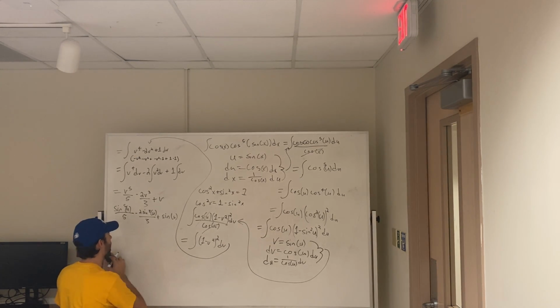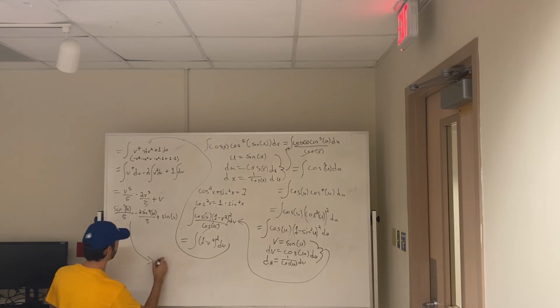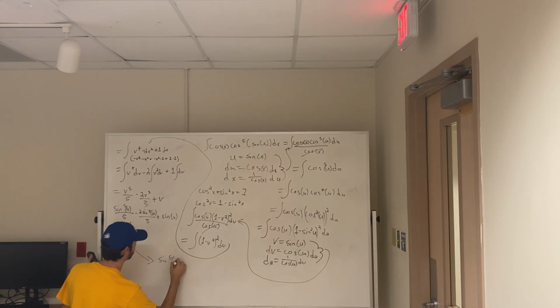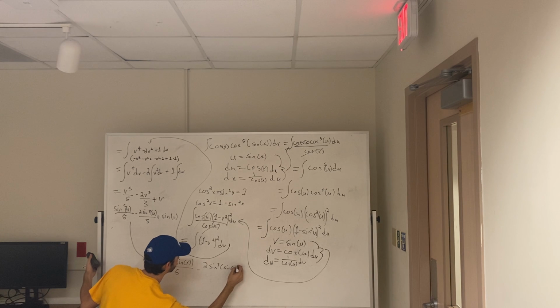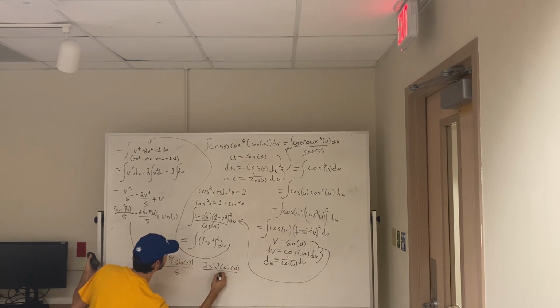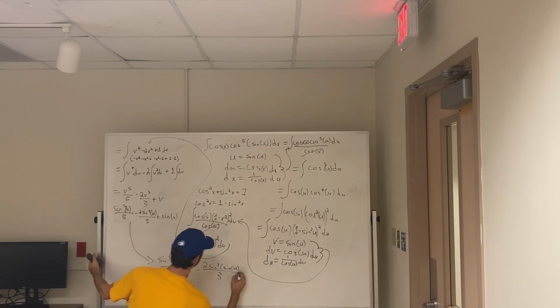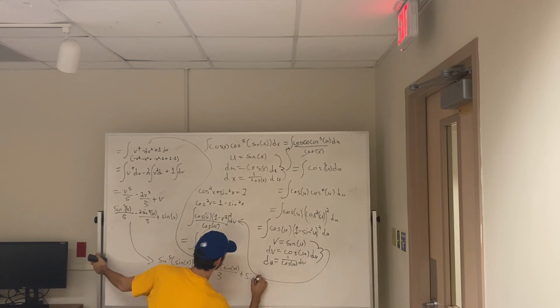Put it all the way down here. Sine to the 5 of sine x over 5 minus 2 sine cubed of sine x over 3 plus sine of sine x.